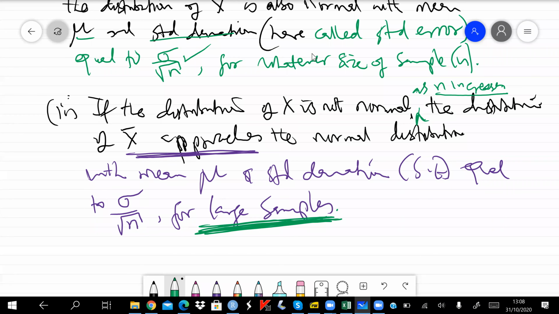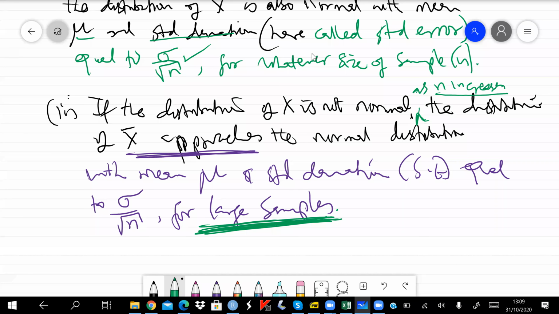Then, using the central limit theorem, you can assume that the test statistic from that sample will be normally distributed with mean equal to the mean of the population and standard error defined appropriately. So that is what we call the central limit theorem.